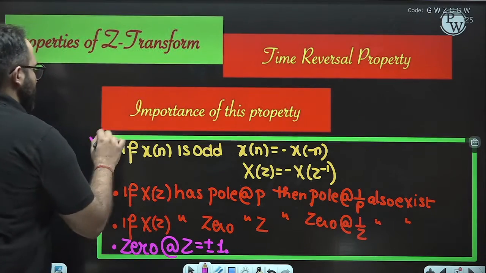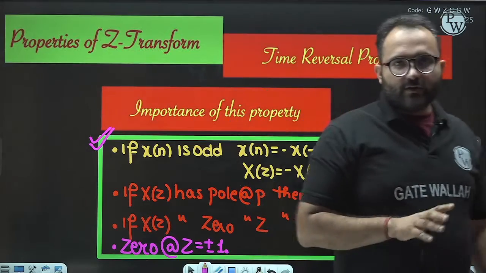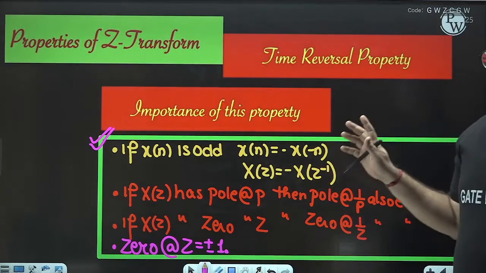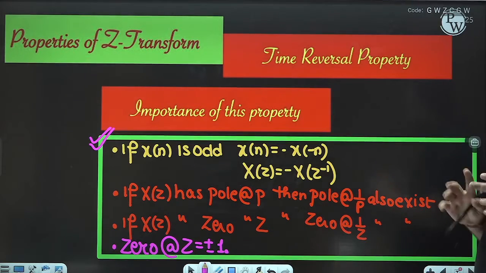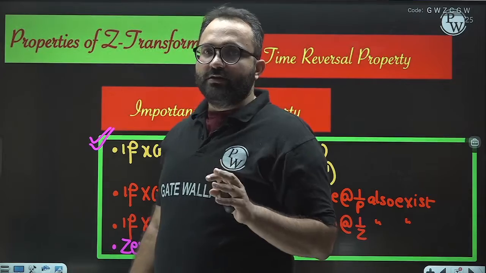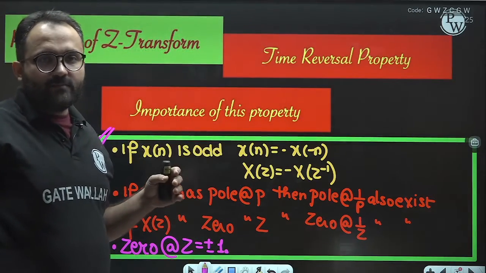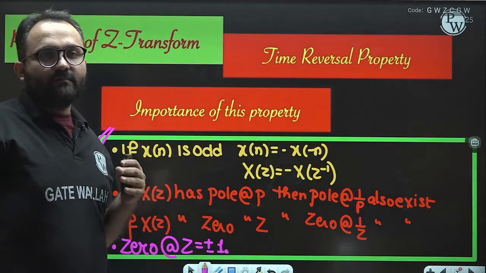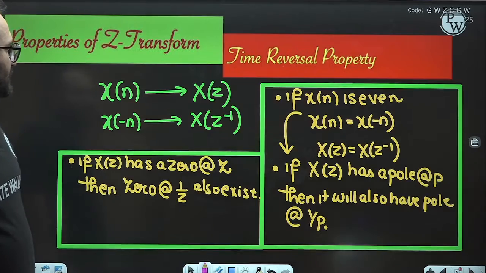These three properties are very important, and if you observe previous year questions, they have directly asked questions on these properties, one for even and one for odd. So remember that whenever the signal is even, if the pole exists at P, the pole at 1 upon P also exists, and if the zero exists at z, the zero at 1 upon z also exists.